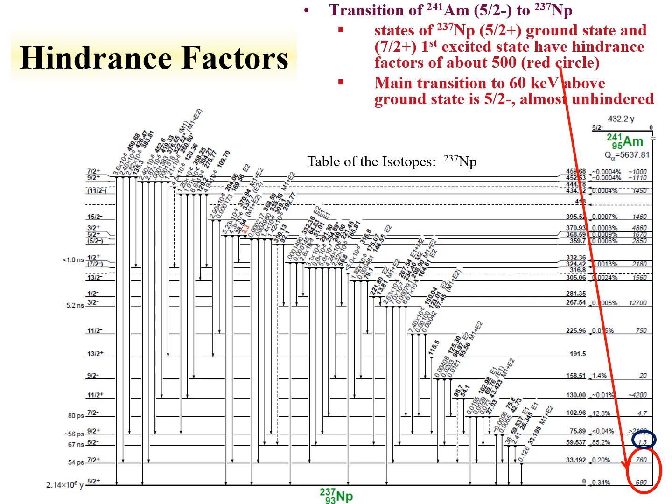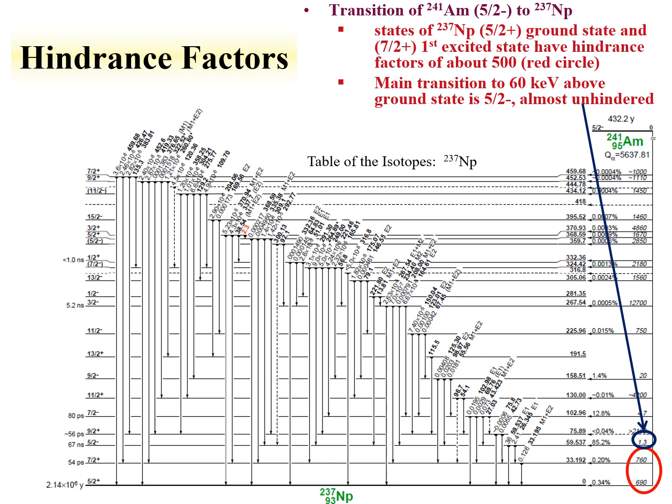However, the americium-241 sits in a 5/2 minus state right there, and if we see that there's a 5/2 minus state right here, the main transitions go from that 5/2 minus state in the parent to the 5/2 minus state in the daughter. And these are practically unhindered transitions.